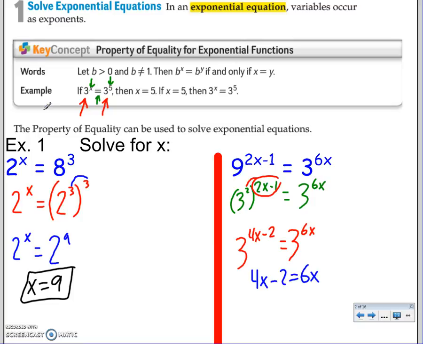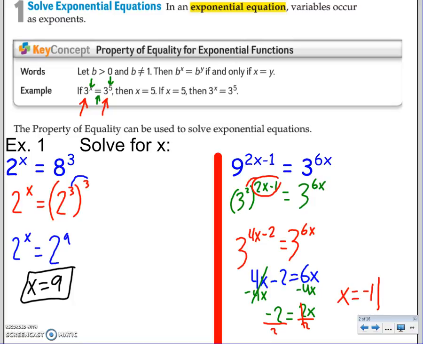Now it's just regular algebra. So I'm going to subtract 4x. So negative 2 equals 2x. Divided by 2, I get x equals negative 1. And now let's plug it in and check.